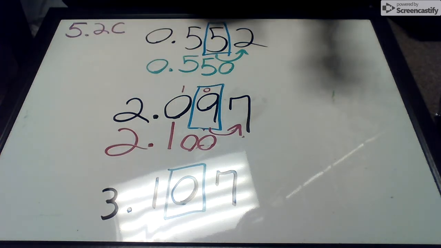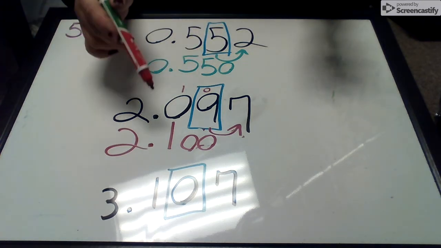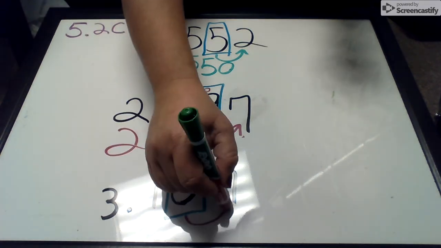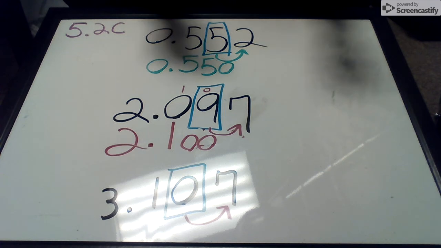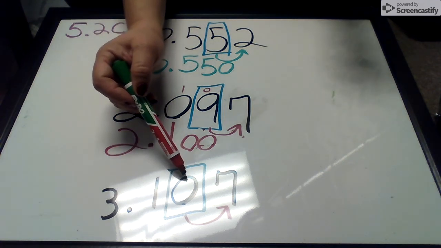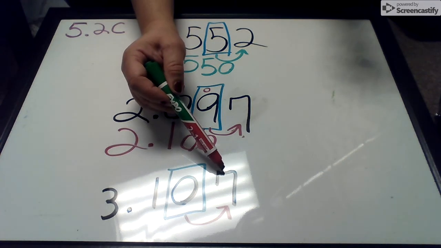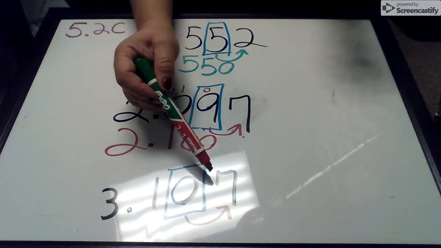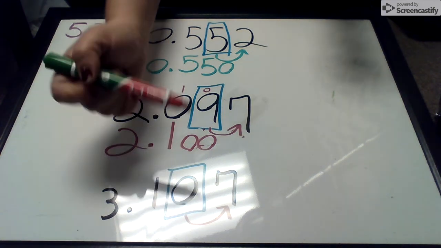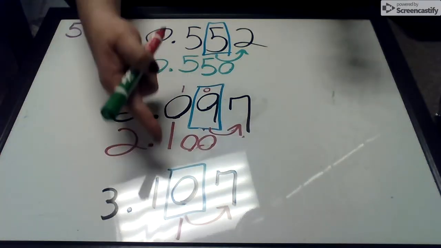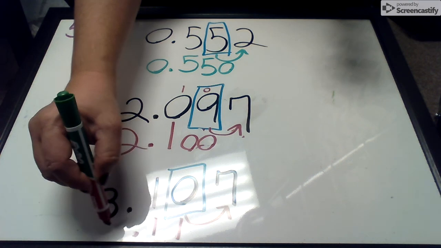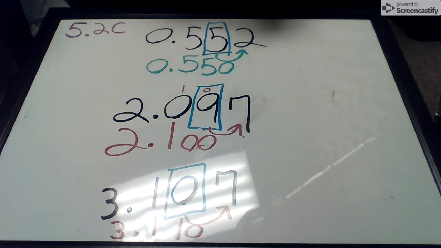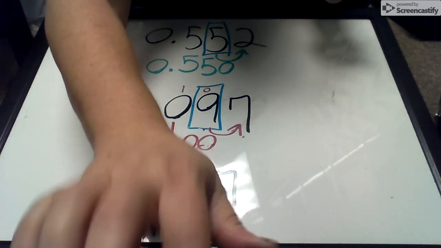So 2 and 97 thousandths rounds to 2 and 100 thousandths. And the last one that we're going to do, this is a 0. The number behind it is a 7. 7 is higher than 5, so 7 is going to change this 0 into a 1. Everything in front of it stays the same. Everything behind it turns into a 0. That is rounding decimals.